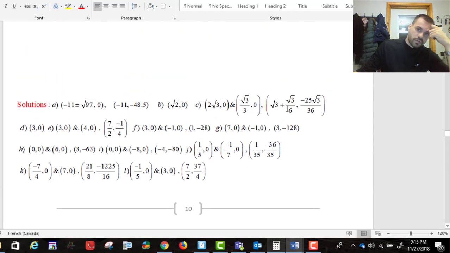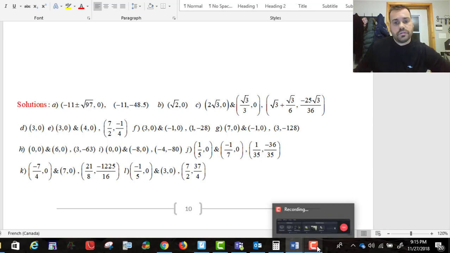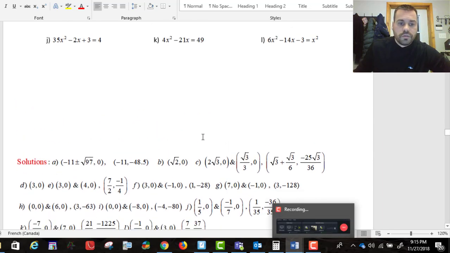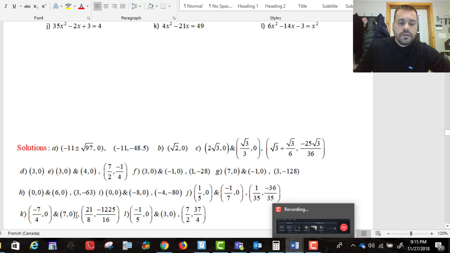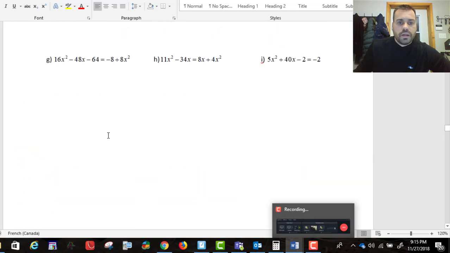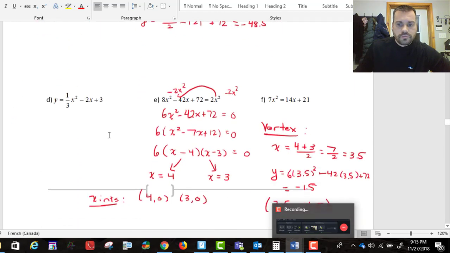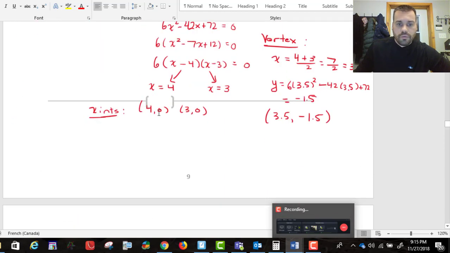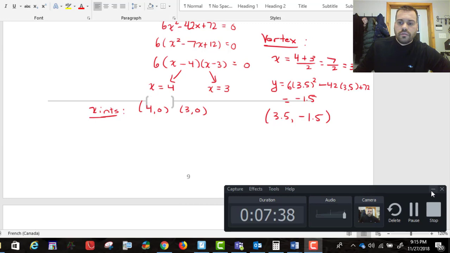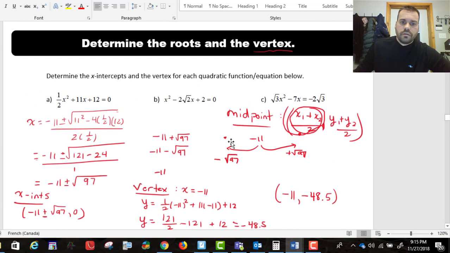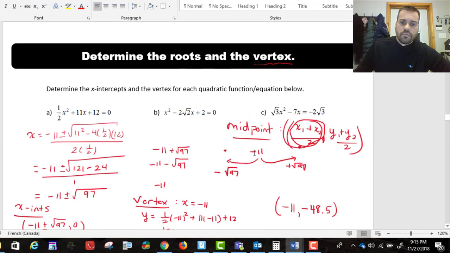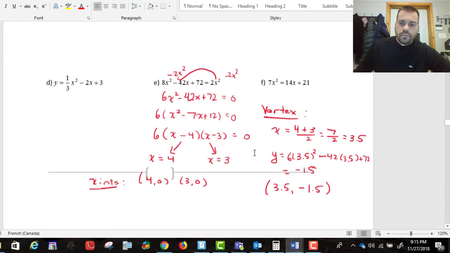I will leave it up to your teachers to go through those with you in a little more detail, but some of them are pretty easy. If both x-intercepts are the same, like it's not 4 and 3, it's actually 4 and 4, then that's also your vertex. Your vertex is also at 4. So that's how you find the roots and the vertex from an equation.